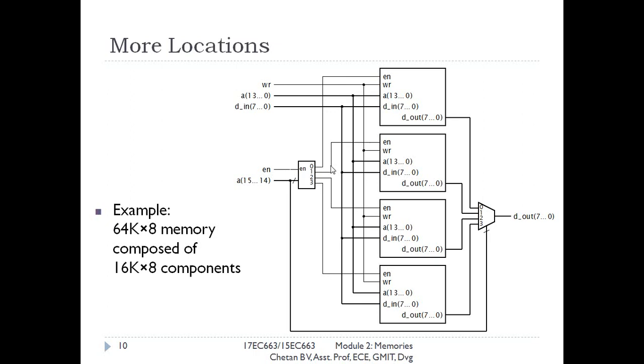The remaining n minus k bits of address are applied here, which is a 14-bit value. The total size of the address is 16 bits. Out of 16 bits, the 14 bits of address are directly applied to the address lines of each component, as you can see.